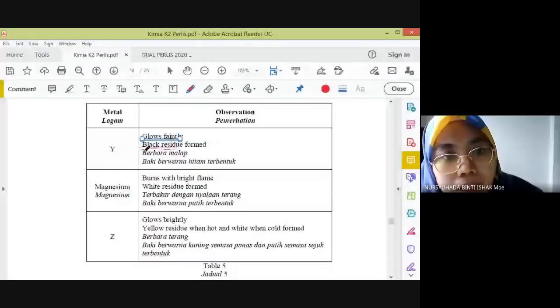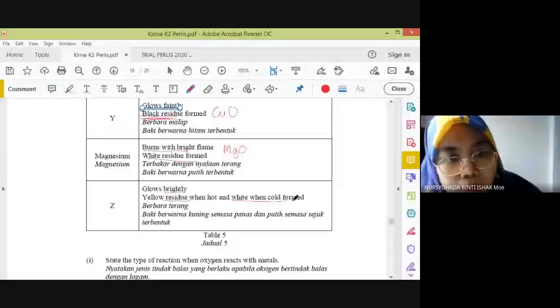Agak-agak yang mana dekat atas kalau ikutkan reactivity series of metal kan? Glows faintly, black residue. Kalau black residue tu adalah apa? Residue yang warna black. Satu saja yang kita belajar. Copper oxide yang warna black. Copper saja salah.